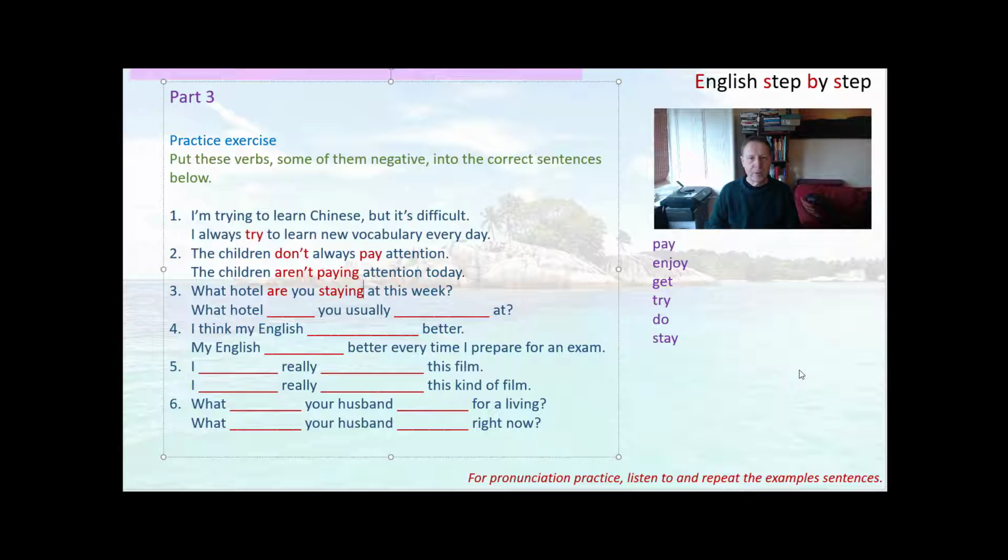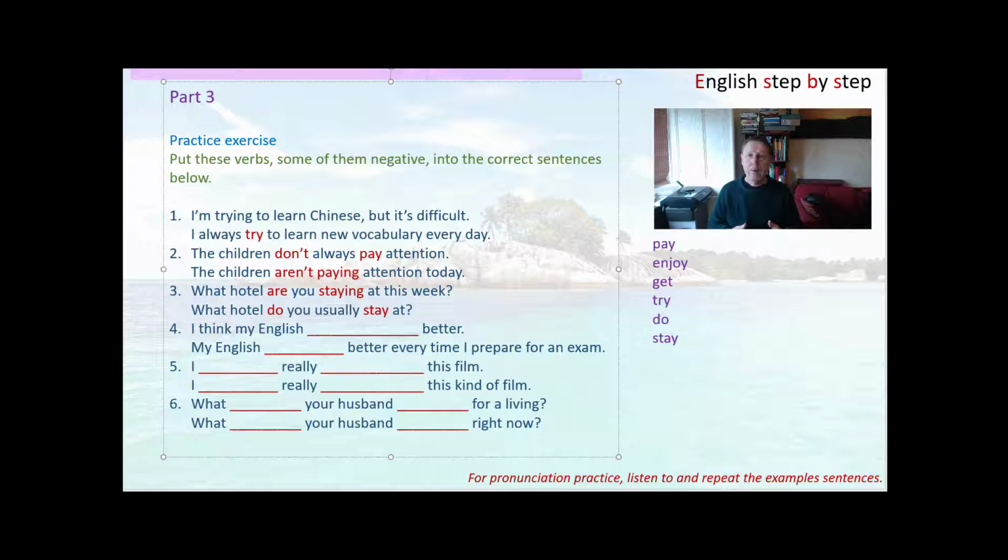Now, the second example has the adverb usually, and that means it's a repeated activity. So in this case, we need present simple. So we need do for the question form, and then we need the infinitive, which is stay. What hotel do you stay at? Number 4. In this example, we're talking about a process, something which is changing, because we have better.